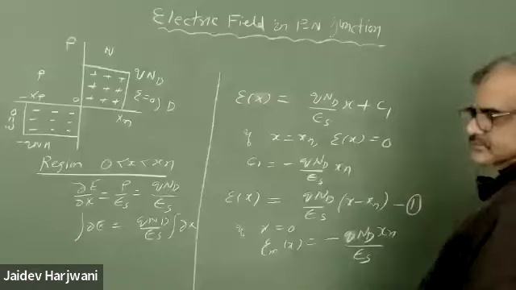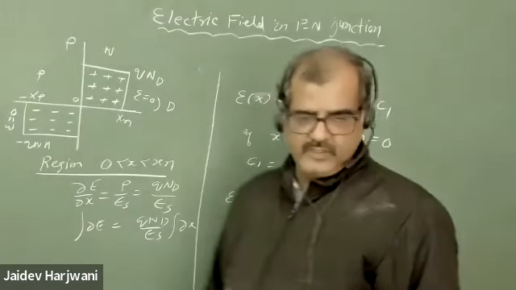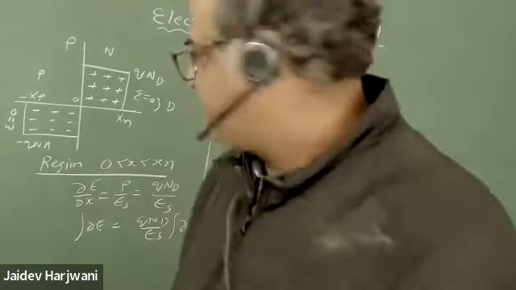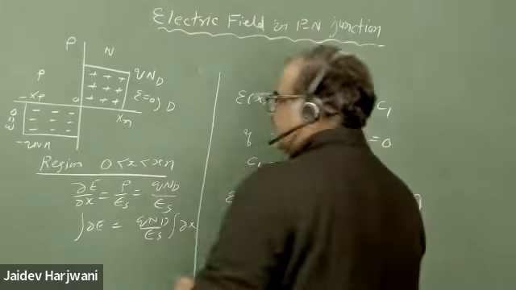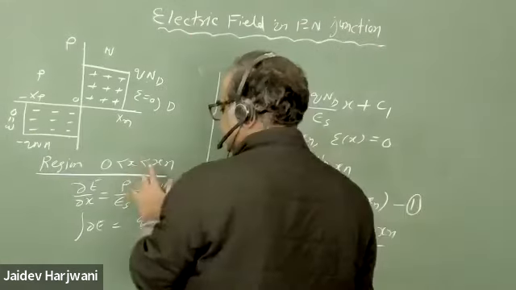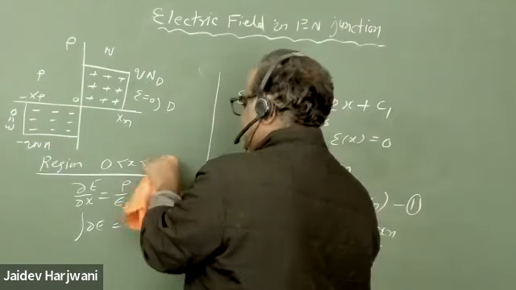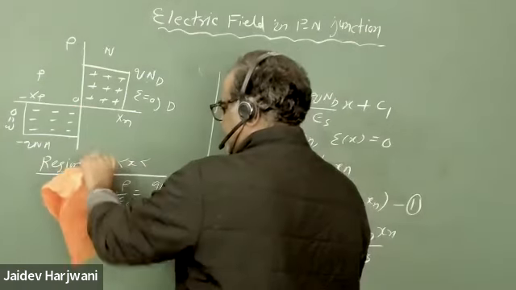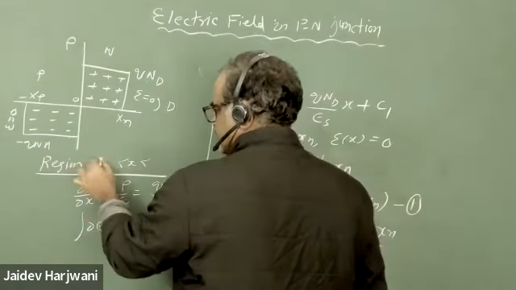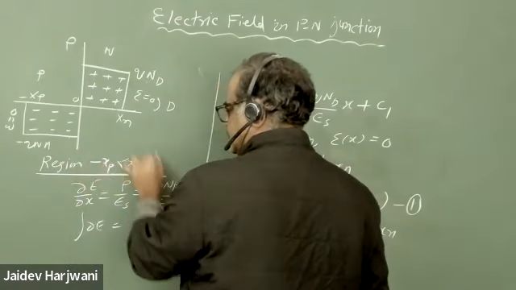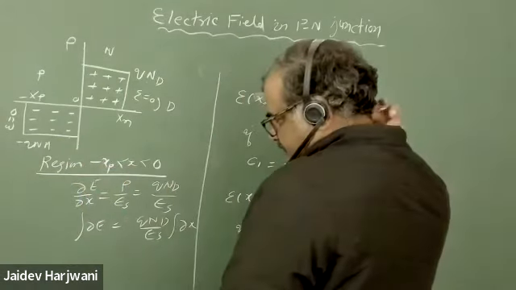Now the same thing I can do for the P region also. The P region lies between minus x_p and 0.